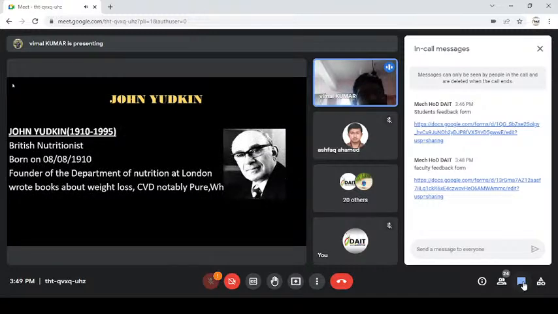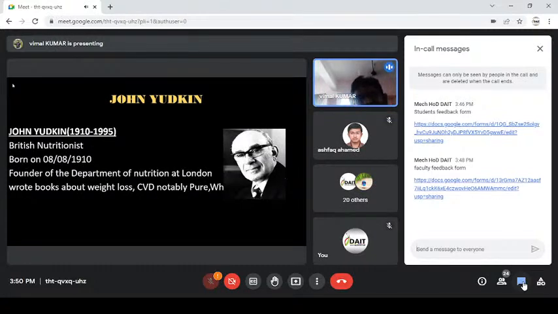Then John Yudkin was born in the year 1910, and he is a British nutritionist and the founder of the Department of Nutrition at London. He wrote books about weight loss. We usually say BMI, that is body mass index. I had read some of the things related to this. That is the weight of the particular person and the height of the person. Based upon the height, that much weight a person should have. If he is more than that weight, then you call it obese.